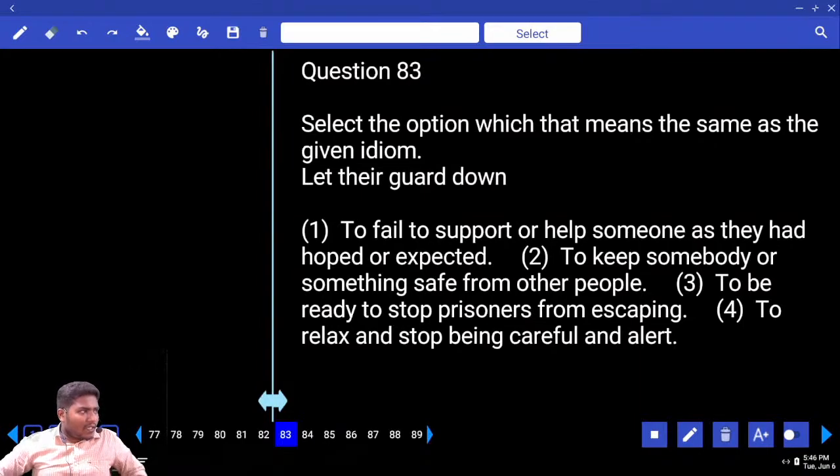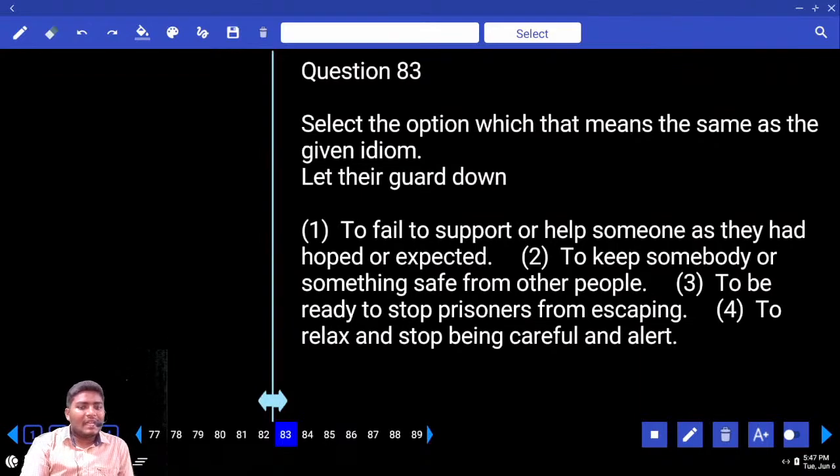You should always hit above the belt, most probably in the face. If you hit them on the face, you get a good mark. If not, you won't get good marks, but you will get marks. When you hit them below the belt, that is called foul play. That is wrong play. You know foul? When you make some mistake in the game, that is called a foul. So when you hit somebody below the belt, that means you are playing wrong.